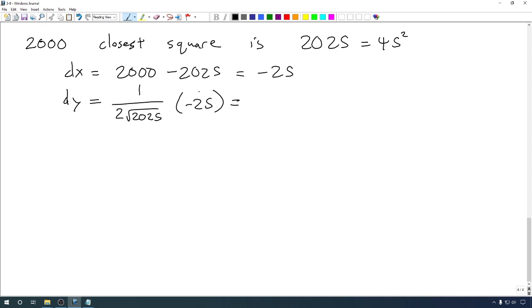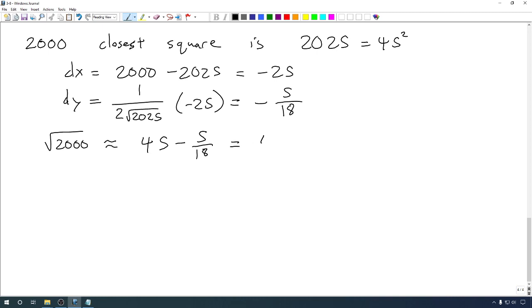I'm going to cancel a 5 from here and a 5 from here, and we end up getting negative 5 over 18, because what was left was 2 times 9. And that means that according to this, the square root of 2000 is approximately equal to the square root of 2025, which is 45, plus this dy, which of course is negative 5/18.